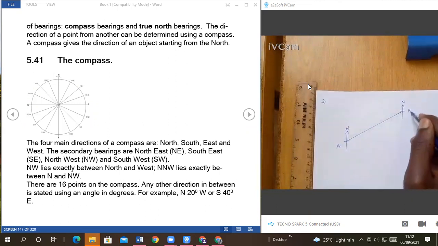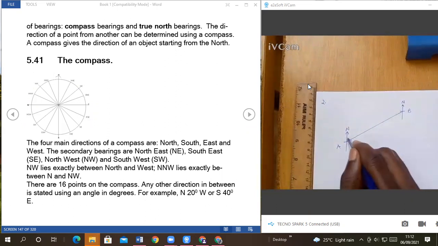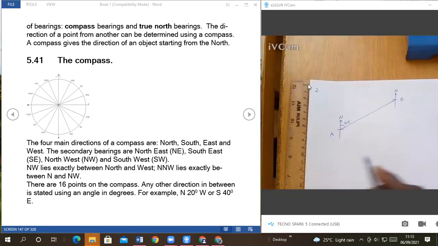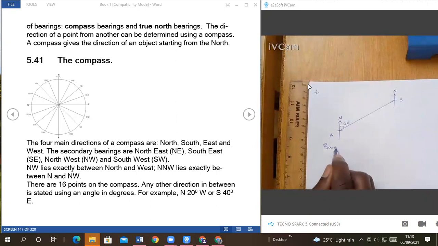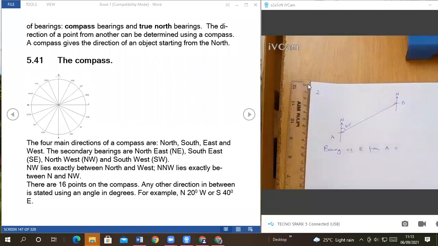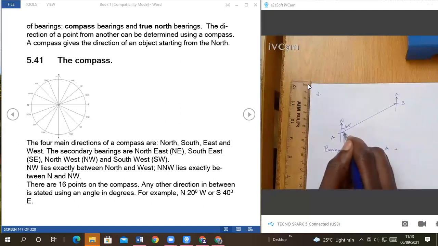B. So they've said this angle, members, this angle here is 60 degrees. That angle is 60 what? Degrees. So what is the bearing of B from A? Who can give us that?